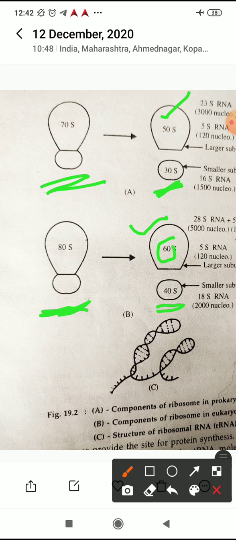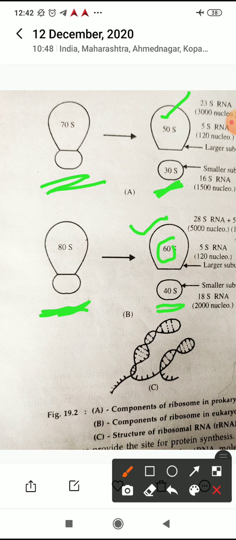So the total molecular weight of the 80S ribosome is 4.5 into 10 raised to 6 daltons.